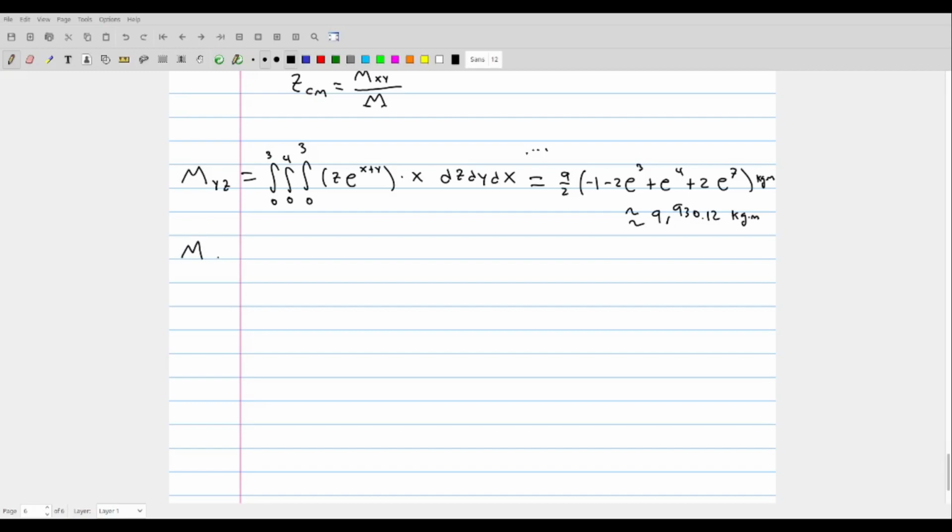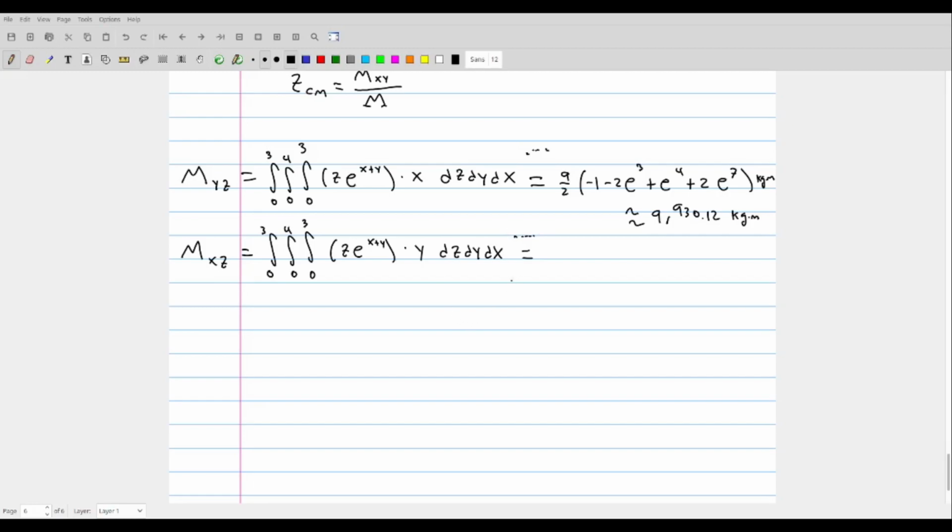In a similar manner, we can compute mxz, or the y moment. So this will be the triple integral over our region of the density function multiplied by y, and again I'm just going to skip the computations here. It's a good problem.